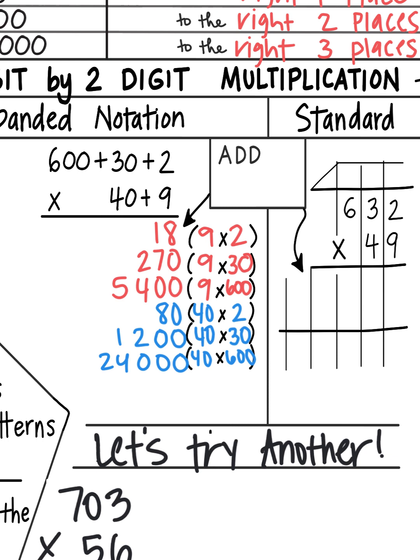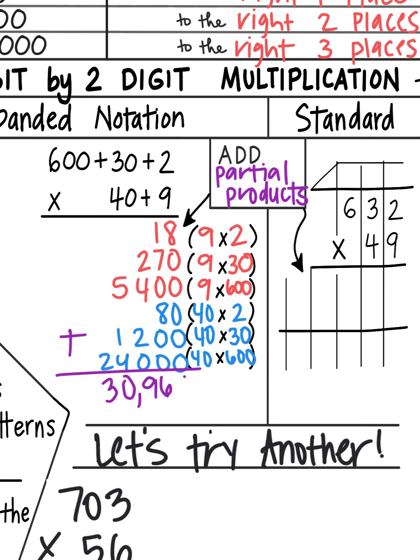Okay, now all of these numbers are something that we call partial products. So right here, we're going to add the partial products. I would add all of those partial products together, and I'm going to save time and just tell you it is 30,968.